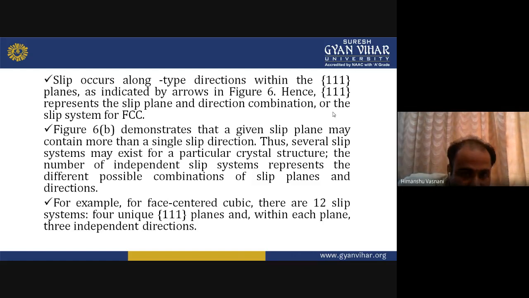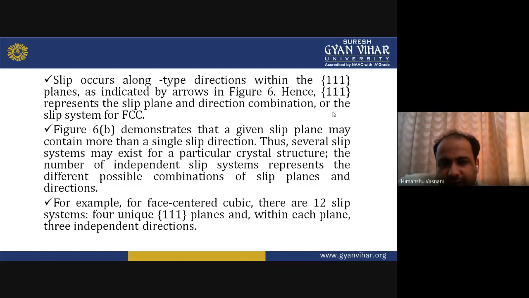This triple one plane represents the slip plane, and the directions shown in the figure, the direction combinations, are the system for FCC, because both together make the slip system.